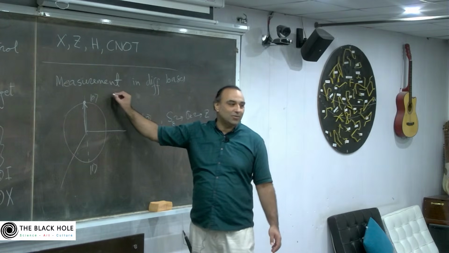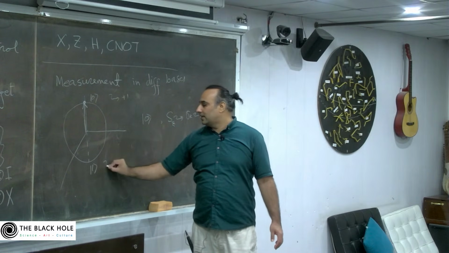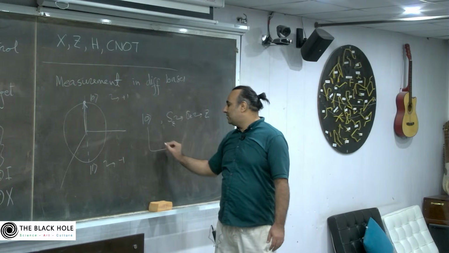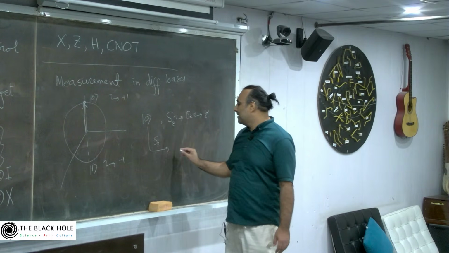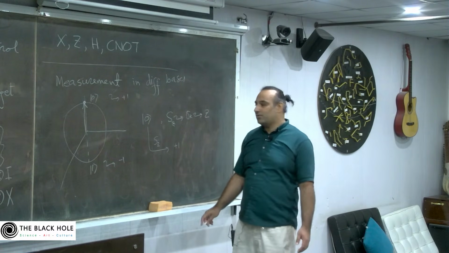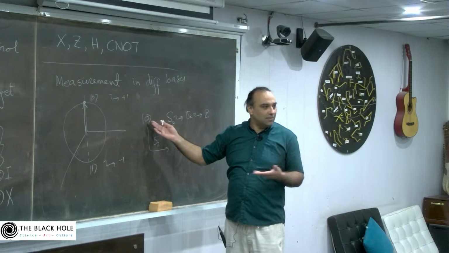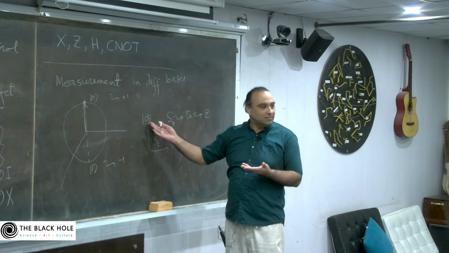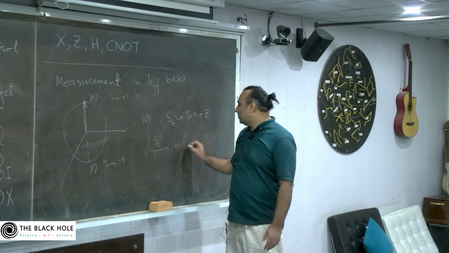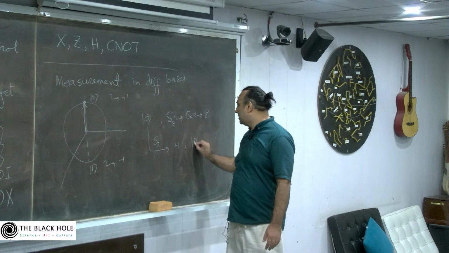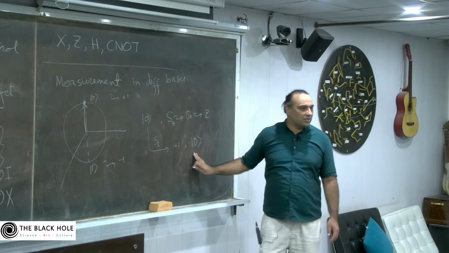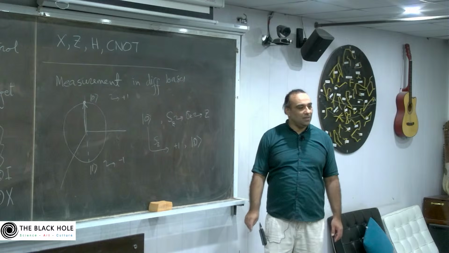Suppose its eigenvalue is +1 and the other's eigenvalue is -1. If you perform measurement of this, you get +1 as an eigenvalue, and your state would be projected again along the eigenstate of this, so it's the same. So the state would be the same. That's the eigenvalue, and that's your state after the measurement.